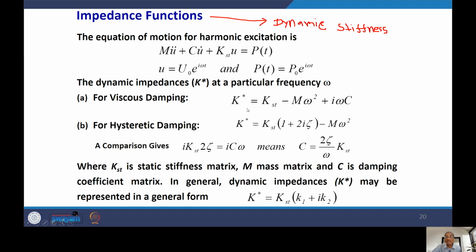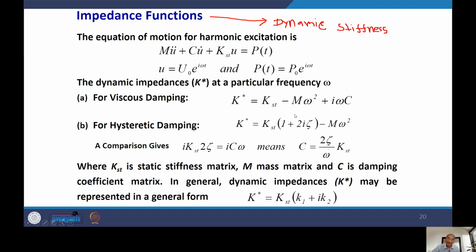Here k star is called the complex dynamic stiffness or impedance function, and it is static stiffness minus mass multiplied by ω squared plus i ω c, where ω is the angular frequency of excitation in radian per second, and c is the damping coefficient.